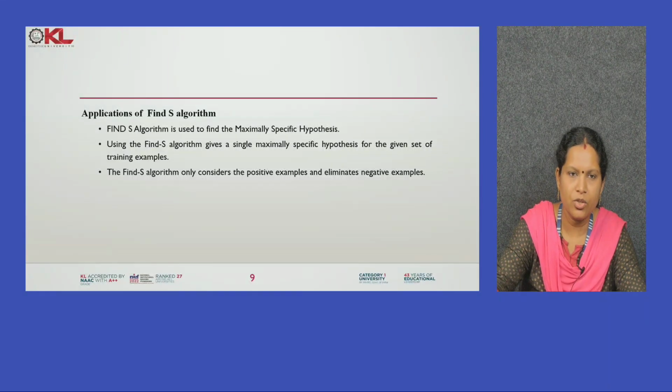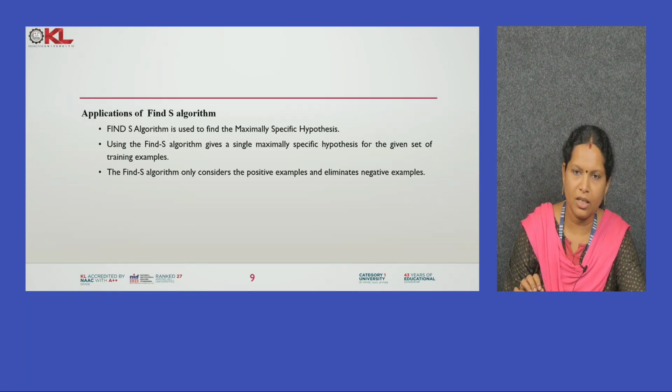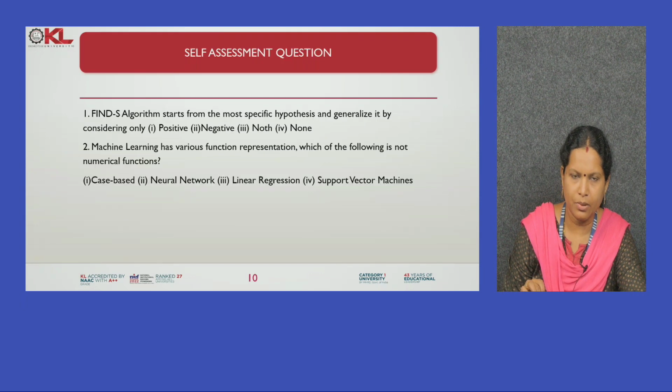Now, applications of the Find S algorithm: it is used to find the maximally specific hypothesis, and it gives a single maximally specific hypothesis for the given set of training examples. The Find S algorithm only considers the positive examples and eliminates negative examples.